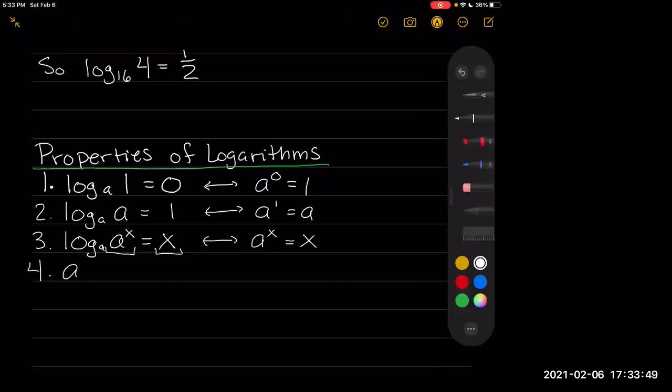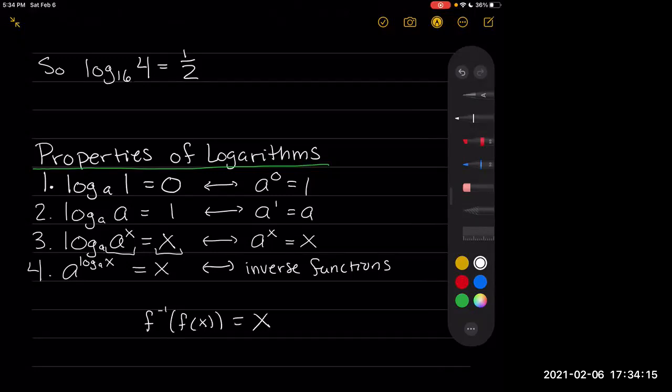a raised to the log base a of x power also equals x. And this is because they are inverse functions. So recall from 116, f inverse of f of x just gives us back x.